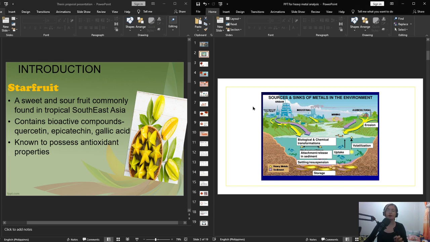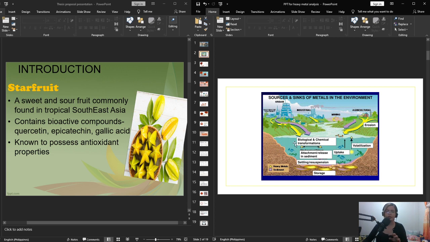On your right side, they insert a picture here wherein you will see the problem that the rivers are facing due to industry, mining and agriculture.